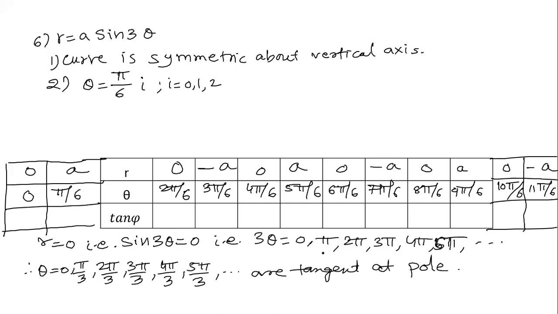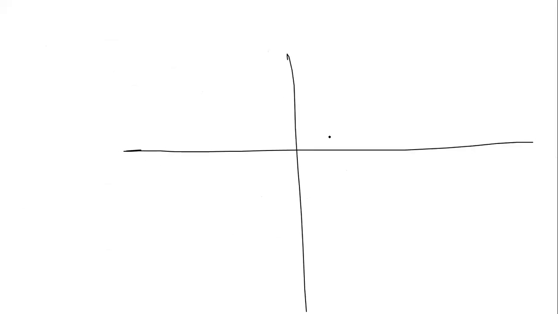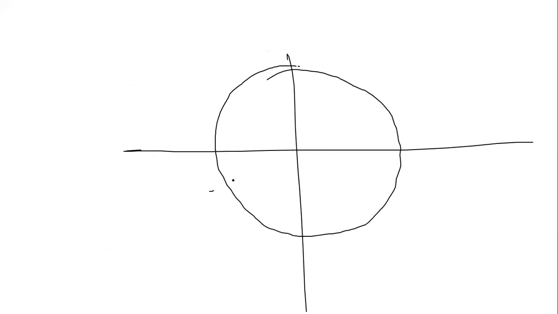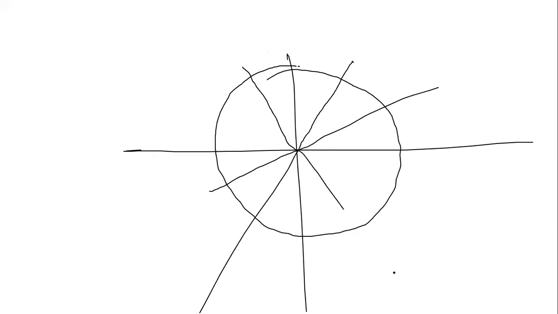And accordingly, we are going to quickly draw the sketch here also. We have to divide each quadrant into 3 equal parts, so at angle of 30 degrees. So just try to understand.